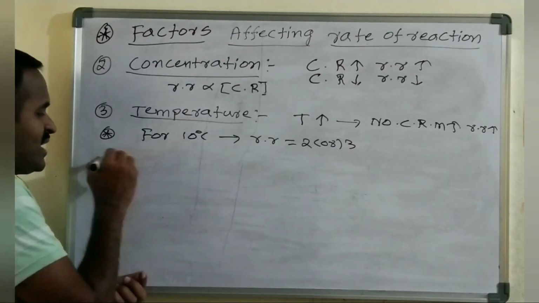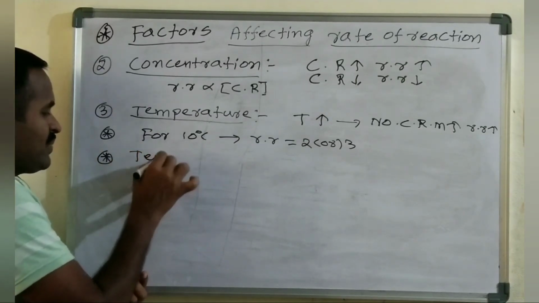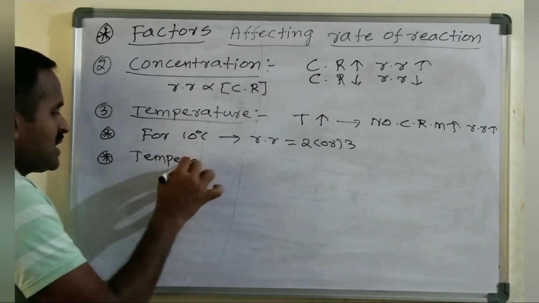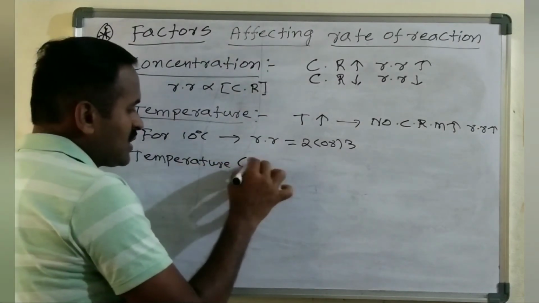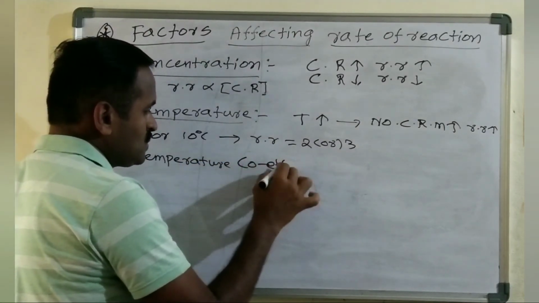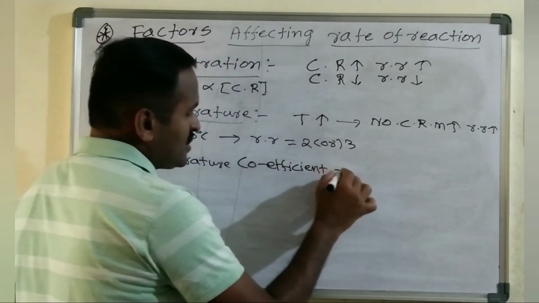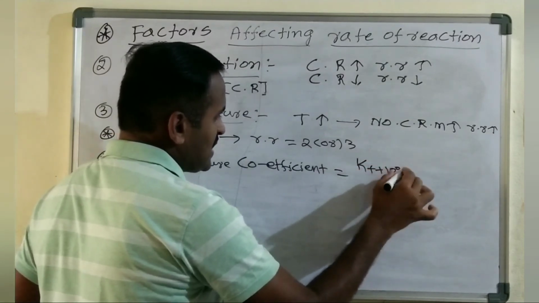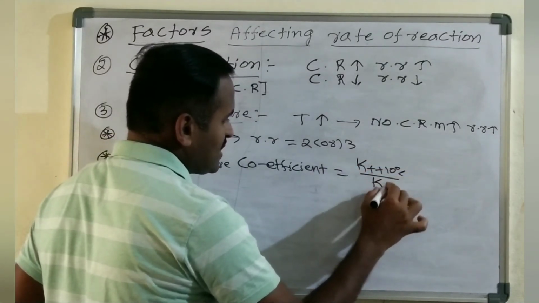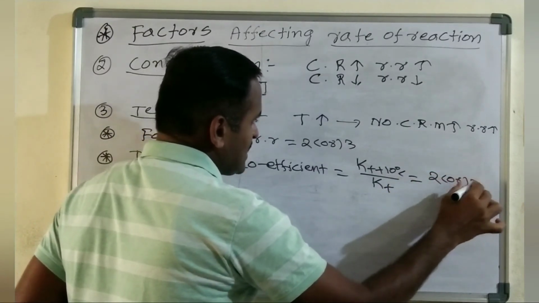Generally here we'll write down the temperature coefficient. The temperature coefficient is equal to K(T+10 degrees centigrade) divided by K(T), which will be equal to 2 times or 3 times.